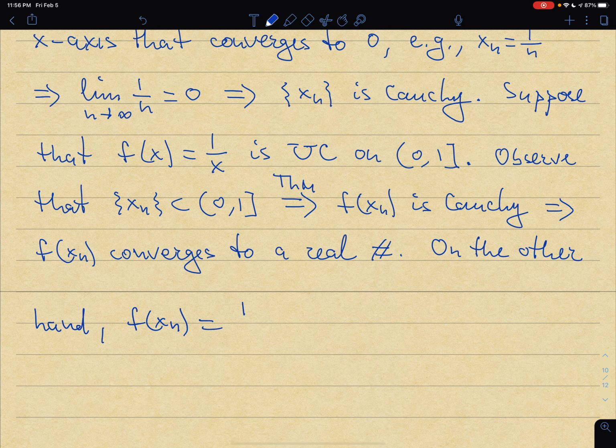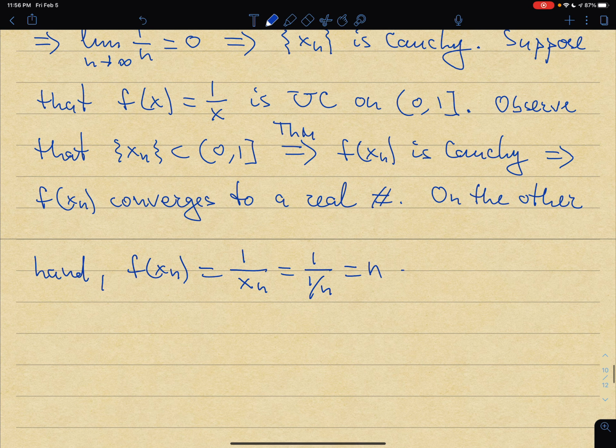So it's 1 over xn, which is 1 over 1 over n, equal to n. And what happens to n when n goes to infinity? Of course, this goes to infinity. So on one hand, f of xn has to go to a real number, and on the other hand, f of xn has to go to infinity, and that is a contradiction.